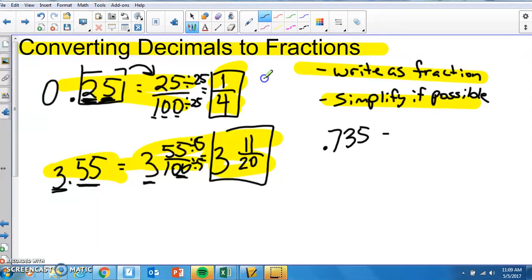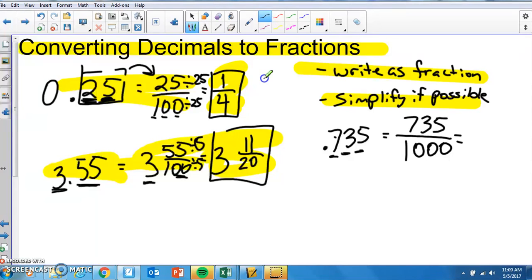All right, so I can write it the way it sounds, 735 thousandths. Or I could look at this and say, okay, there's 3 decimal places. That means I'm going to have 3 zeros after a 1 on the bottom, and then just write that number on top. And then, of course, we would simplify.